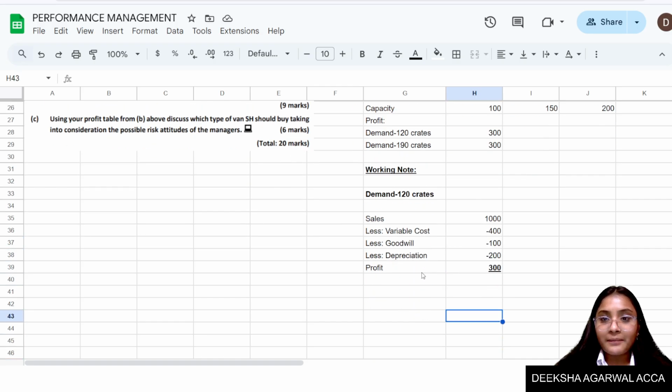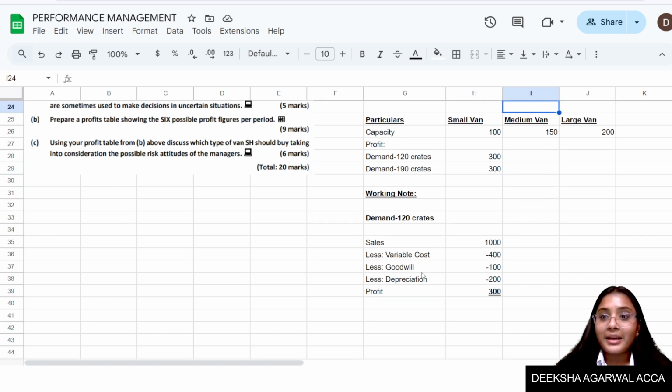My next will be when my demand is obviously 120, but here my capacity is 150. So I can easily serve the 120 demand, 120 into $10. Here my variable cost will reduce. They told me if my capacity is more than demand, then my variable cost is going to be reduced. Correct? That's what they told me. So what will happen in this?